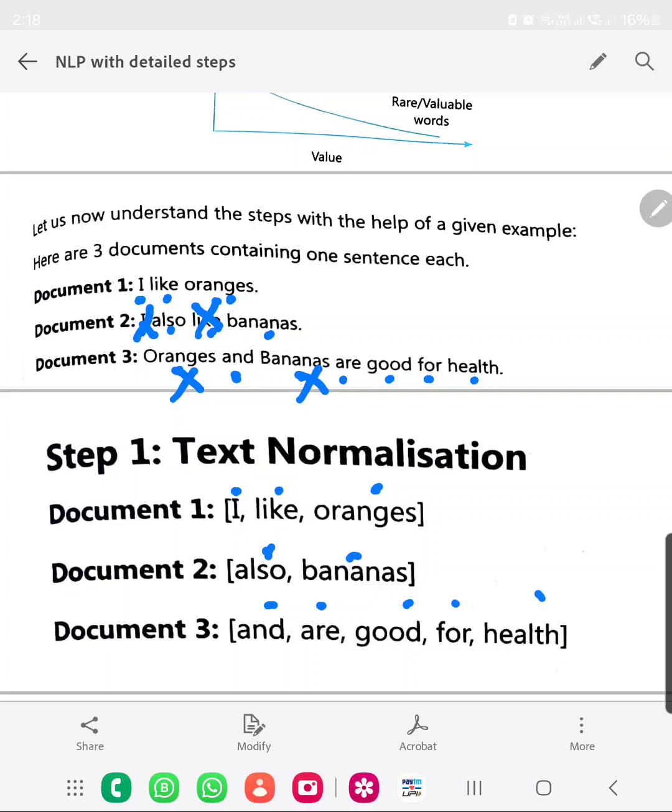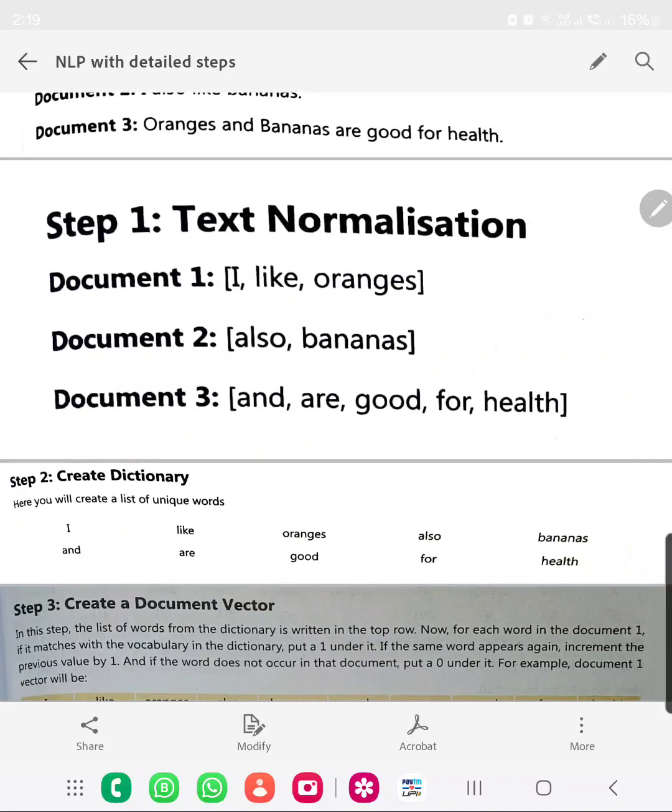So we have to take each word uniquely. If it is being repeated, we are not going to take it. Am I clear? So from the documents, we will remove the words which are repeated earlier. All right. So that's how we do text normalization.